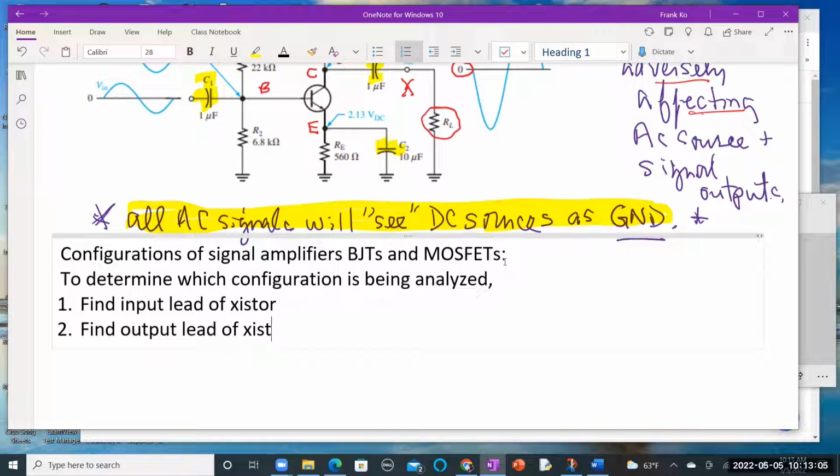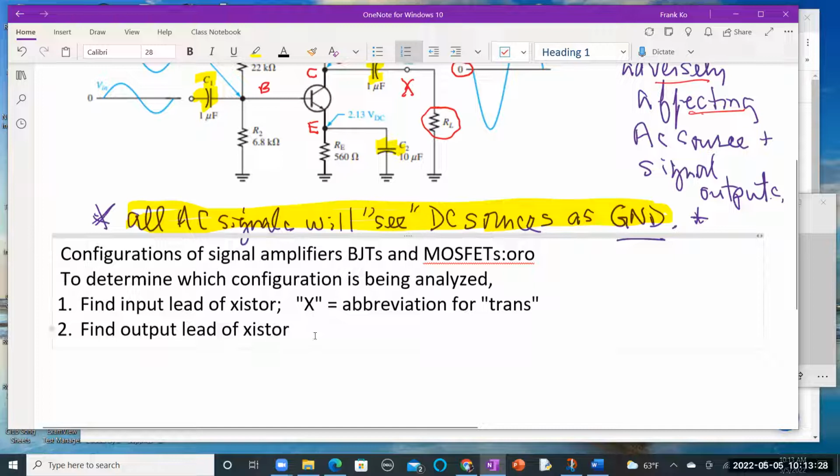As you can see, I'm abbreviating transistor with the abbreviation I showed you yesterday: X equals abbreviation for TRANS. Find the output lead of the transistor, and here you go.